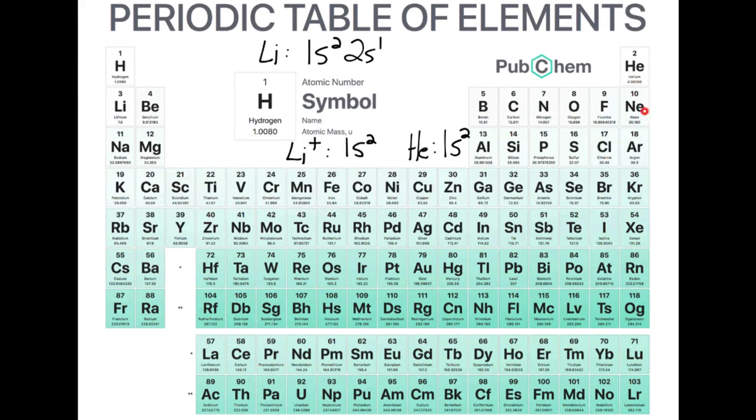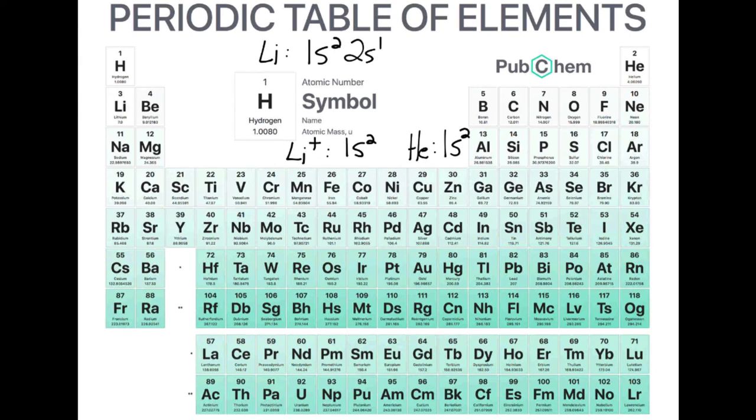It doesn't matter. This is the end of the line, so to speak, for every row of the periodic table, and they all represent systems with fully filled orbitals. And this is why the noble gases are inert. They don't react because they're exceptionally stable. There's no driving force for them to react. They're already stable as they are. And so we know that about helium, but now we also know that about lithium plus.